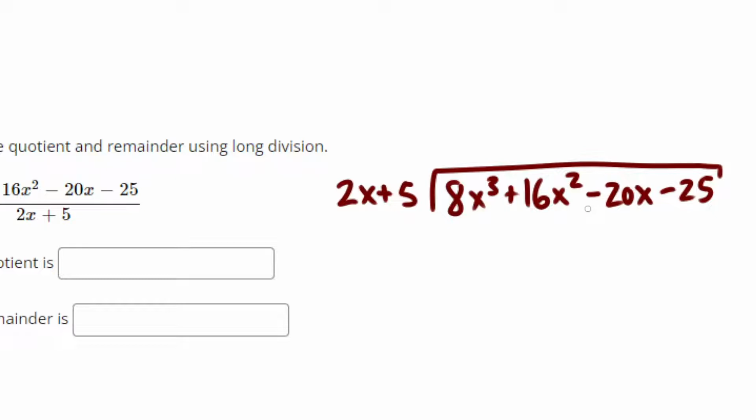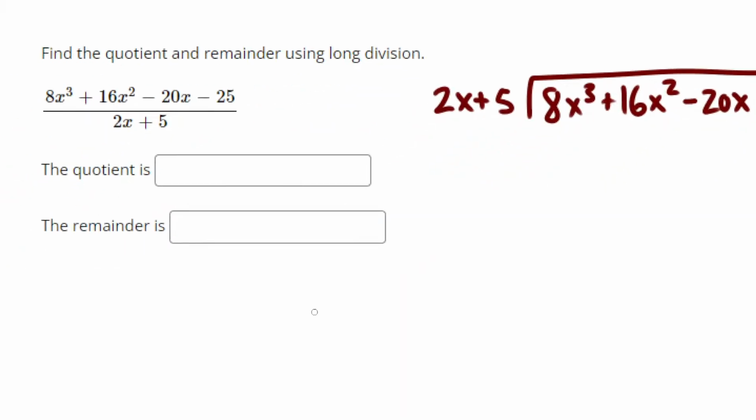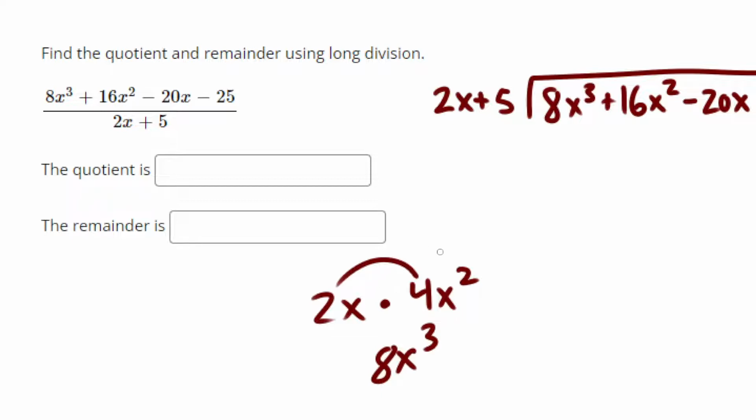Now what we're going to do is solely look at our first term and say, what can I multiply to my first term that will give me this term? If you think about it, 2x times 4x squared will give you 8x cubed, because you multiply the coefficients and then you multiply the variables.